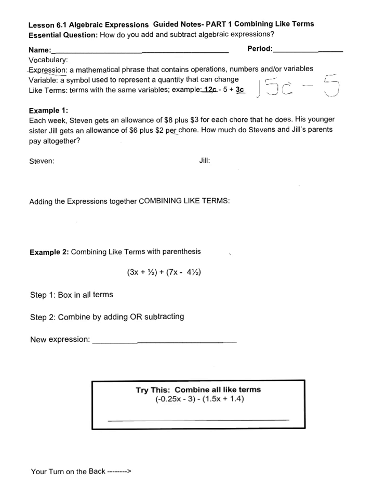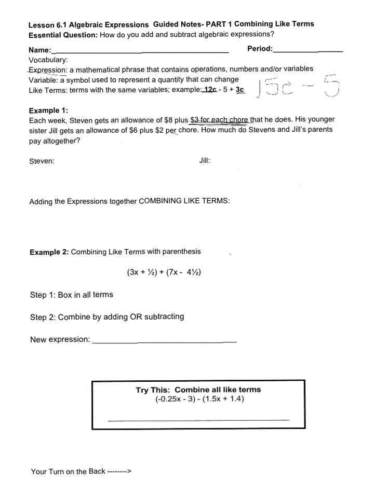Now, let's dive a little deeper. Here we have a story problem, so let's think about this. Each week, Stephen gets an allowance of $8 plus $3 for each chore that he does. This is a pretty important piece of information, this $3 for each chore, because it implies that he's going to do more than one chore.